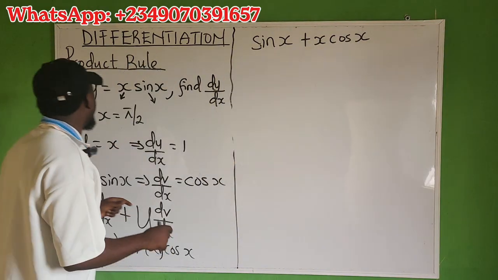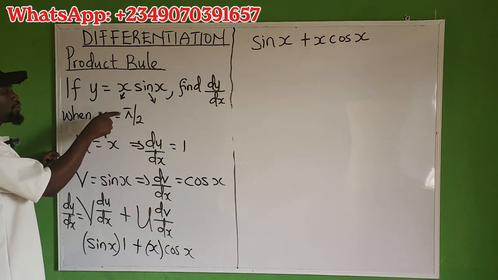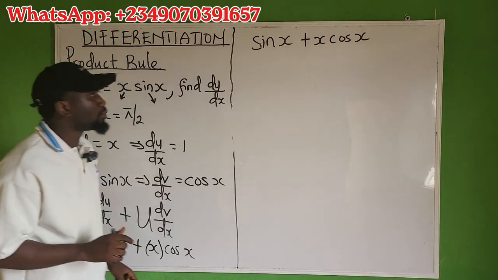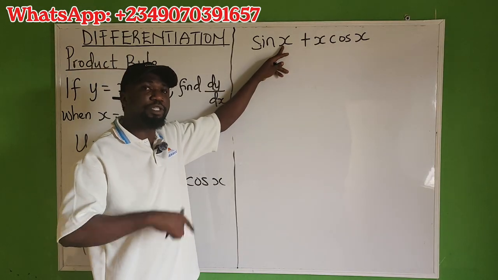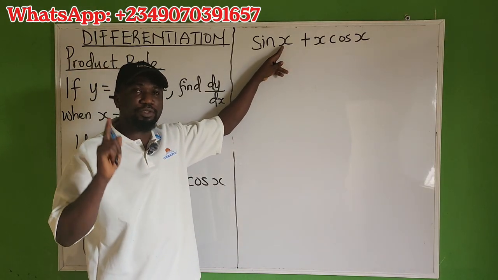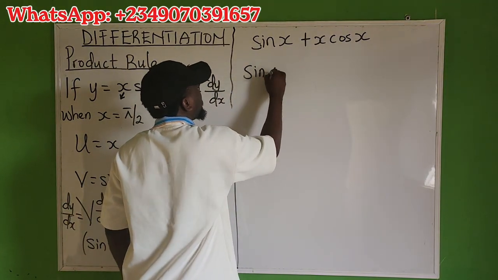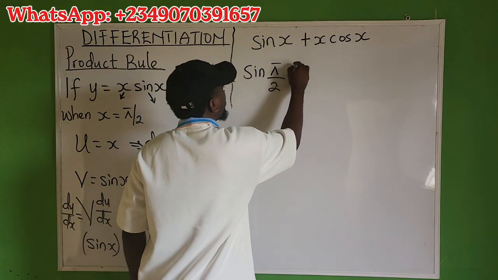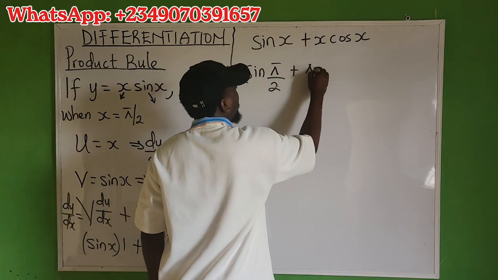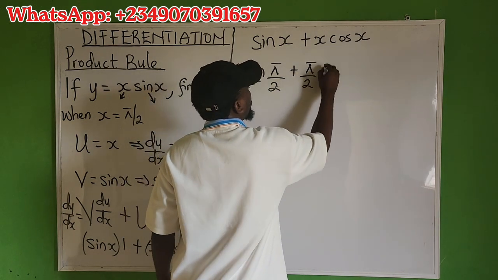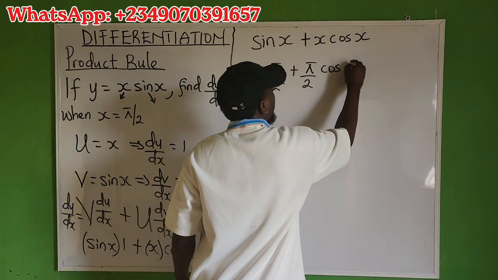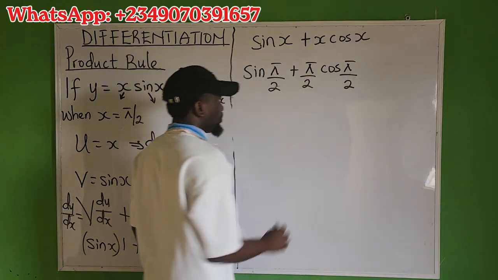But we are told that x is equal to pi over 2. So anywhere we see x, we are going to input what? Pi over 2. So now we have sine pi divided by 2, plus x again is pi divided by 2, cos pi divided by 2.